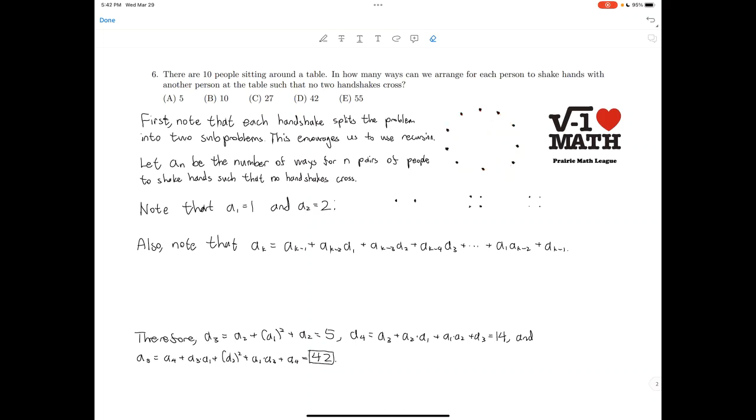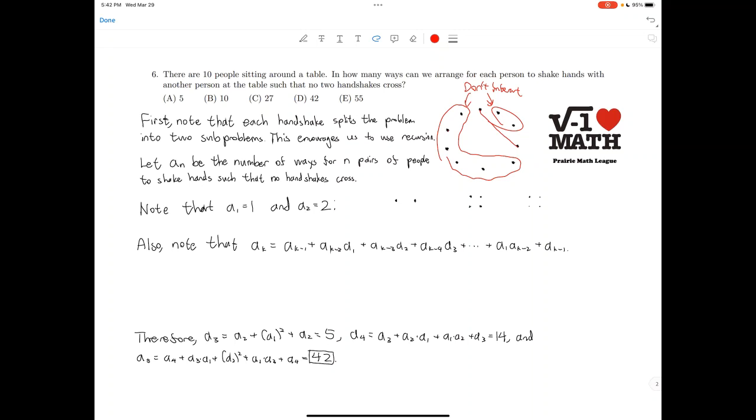So first, note that each handshake basically creates 2 smaller versions of the same problem. For instance, if we handshake like this, we get this problem here, and we get this problem here. Now, these two subproblems don't interact.